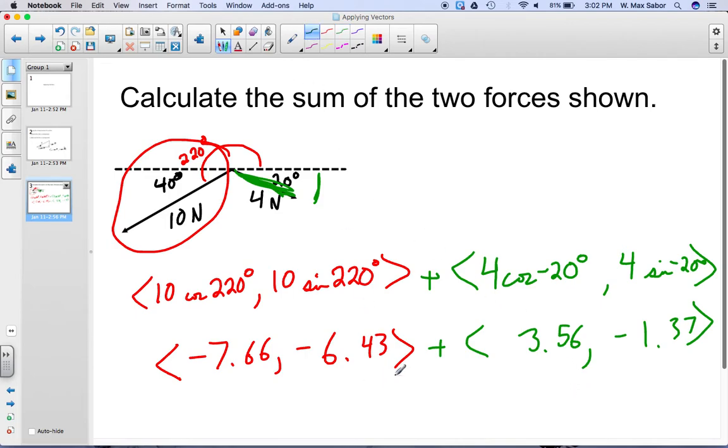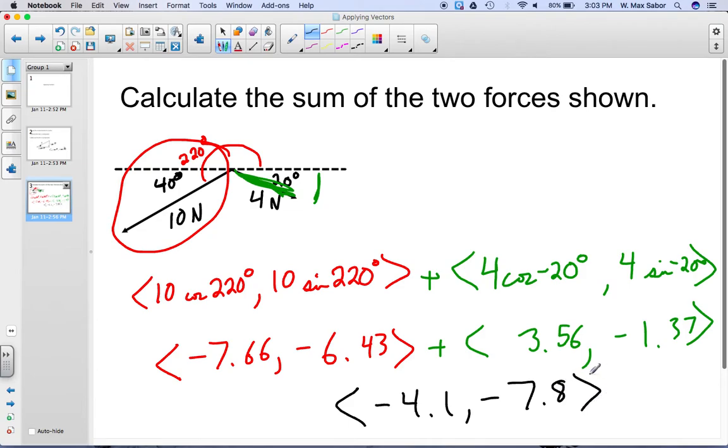Now we can add the components. This is 3.56 plus negative 7.66, or negative 4.1, comma, now we add the y components, negative 6.43 plus negative 1.37, negative 7.8.